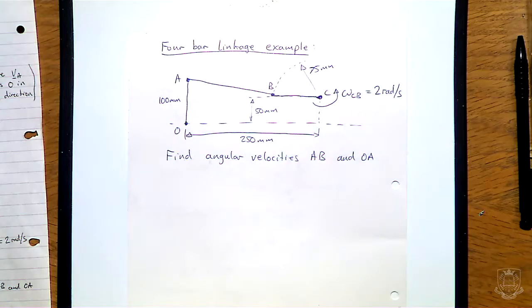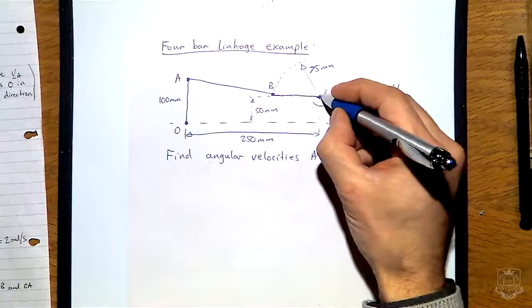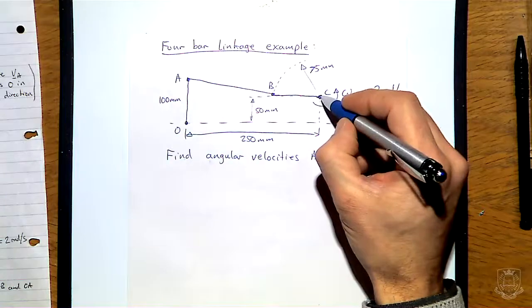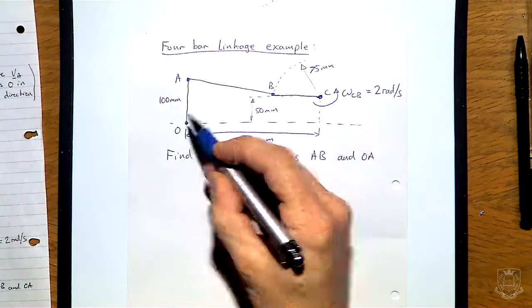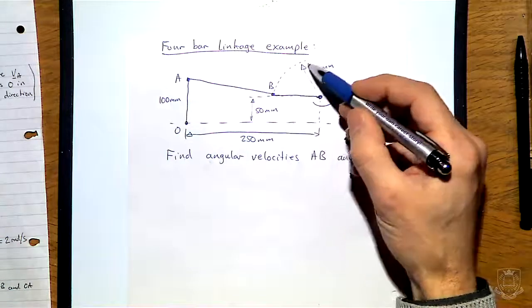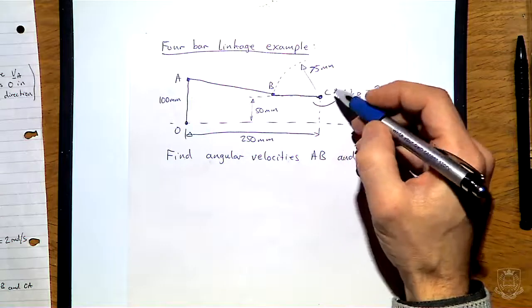So we've got two ways to tackle this problem. We've got this point is fixed, point C, and this point's fixed, point O, and we've got these sort of rotations around those points, okay?